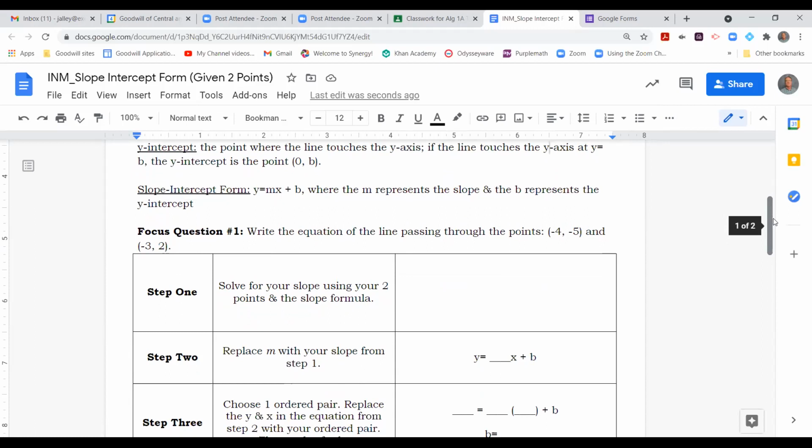So now we got to find both. This is where that slope formula comes in. So -4, -5, -3, 2. I'm gonna go ahead and do the whiteboard on this one.